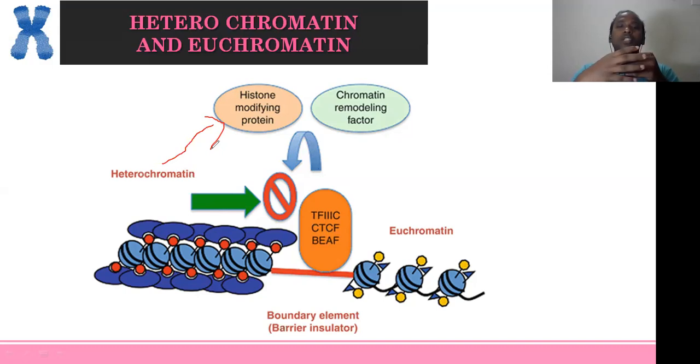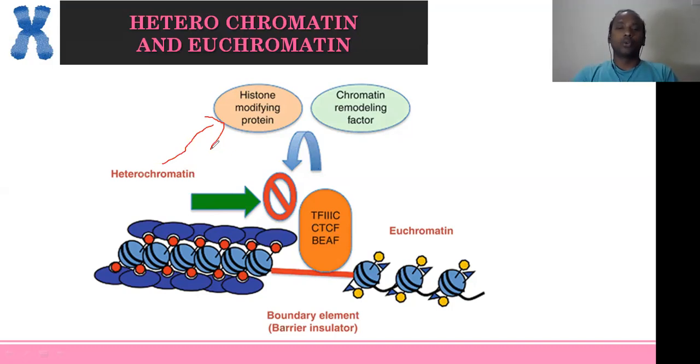So these histones try to distort from the DNA, so the DNA is expressed, the gene is expressed, and whenever the modification is stopped, it will again bind to the DNA. This is called methylation, demethylation, acetylation, and phosphorylation. These are the different histone modifying processes by which heterochromatin is converted into euchromatin.